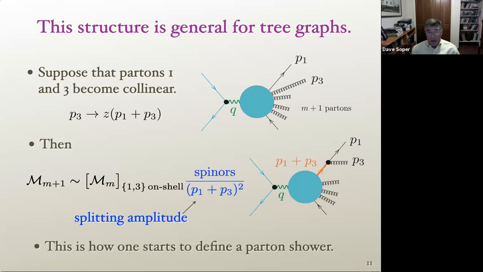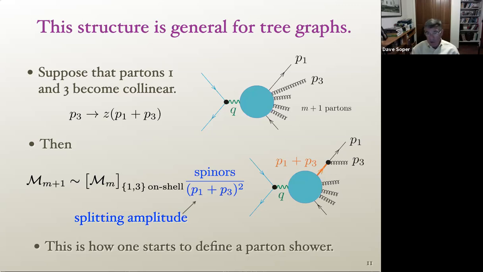And just to convince you that it's general, here's a much more complicated diagram. Well, who knows what is inside of that blue blob. But in the region of momentum space in which theta 1,3 goes to 0, so P3 goes to some number times P1 plus P3, then you're going to see the singularity from the propagator when 1 and 3 combine.